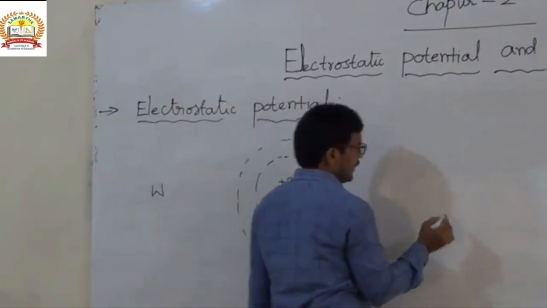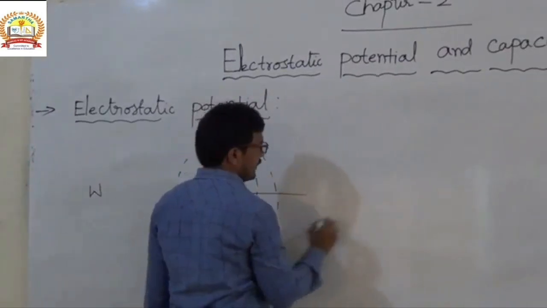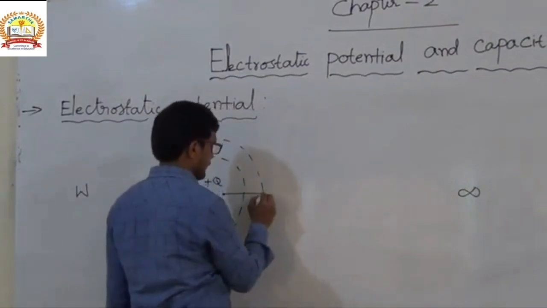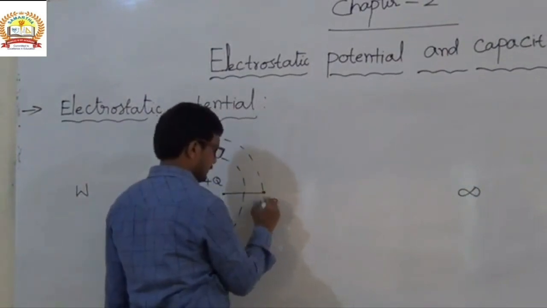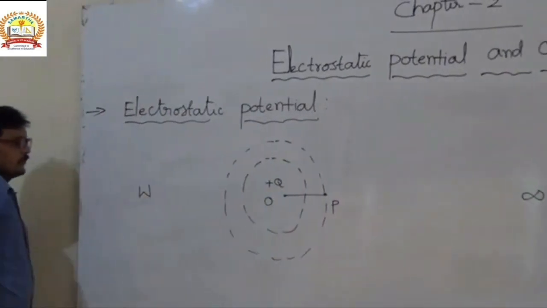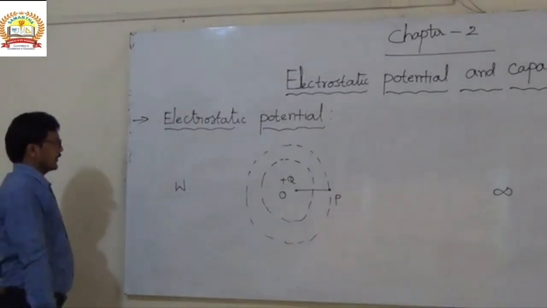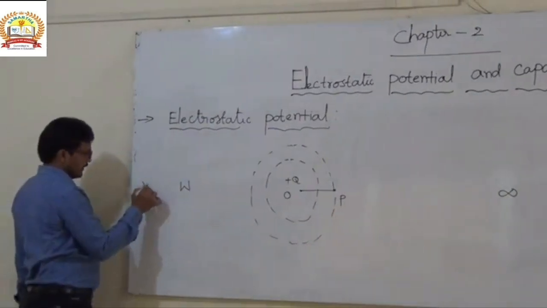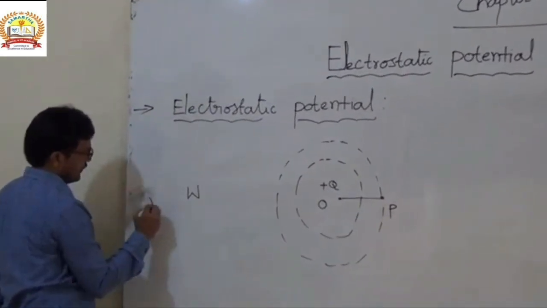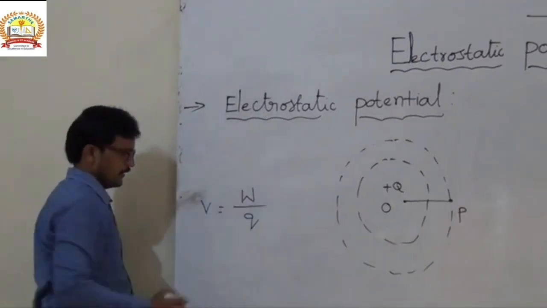And we want to bring the charge from infinity to the given point B. So we can write mathematically that the electrostatic potential V is equal to the work done by the test charge.